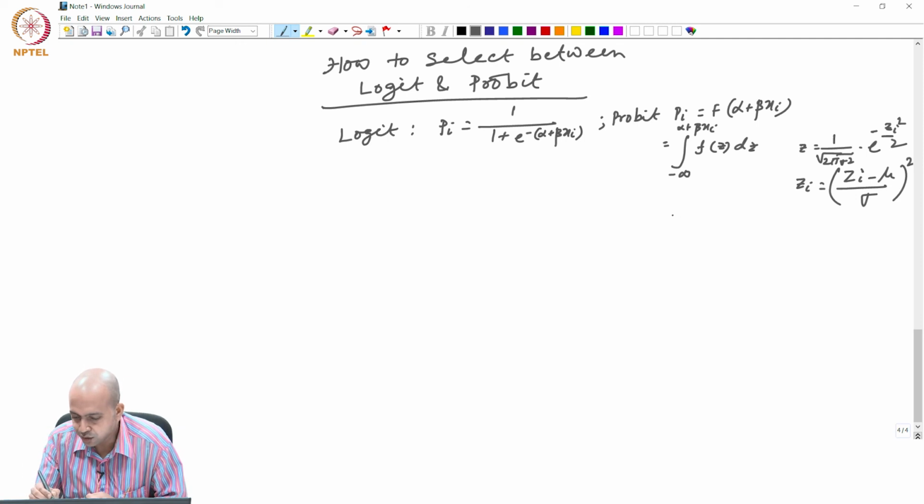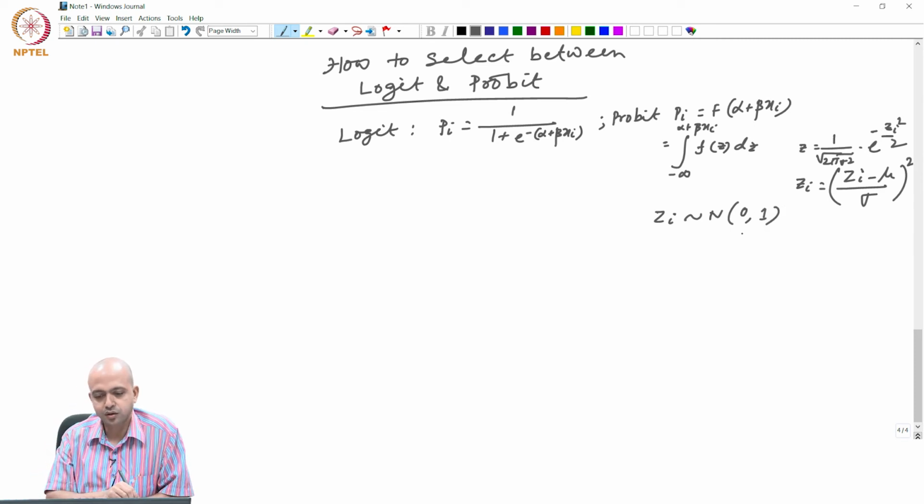Here the mean is 0 in the context of the standard normal variable Zi. That means Zi follows a normal distribution with 0 mean and 1 variance, right.